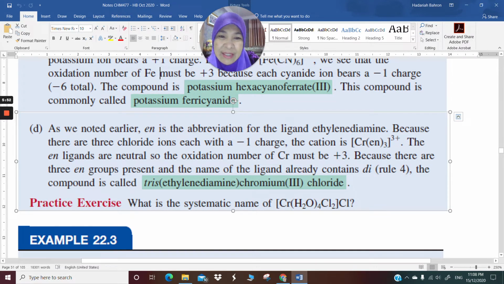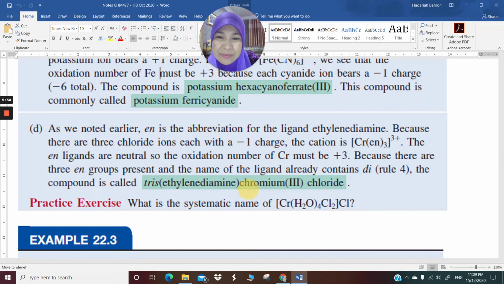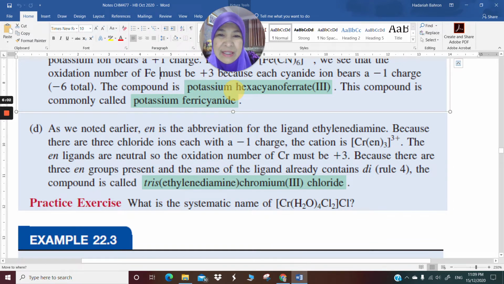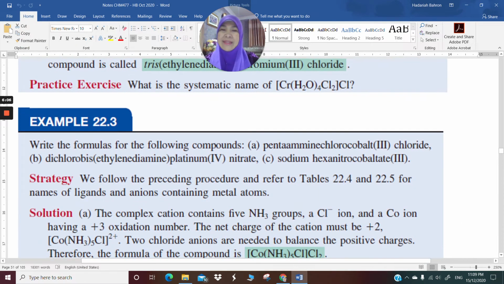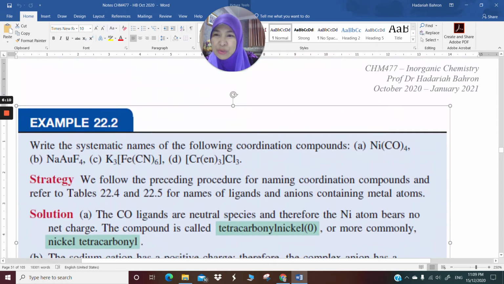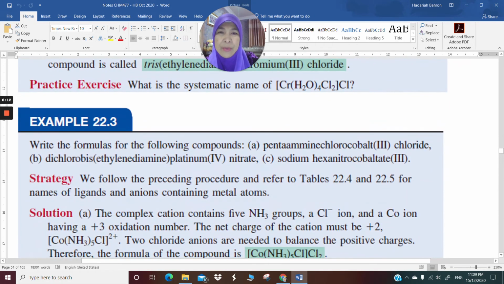Here is a cation, this is your cation. Yep, cation, space, anion. Cation for potassium, a space in the middle, and your anion. Yeah, right. So that is example 22.2. I hope that's all right.